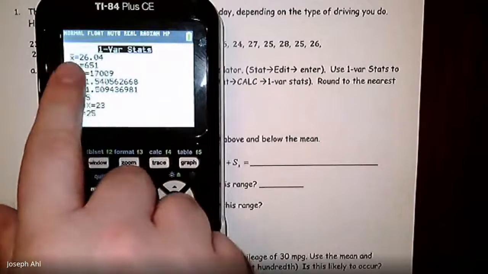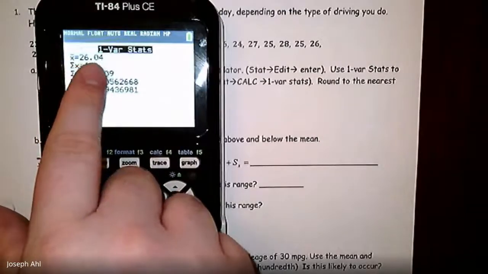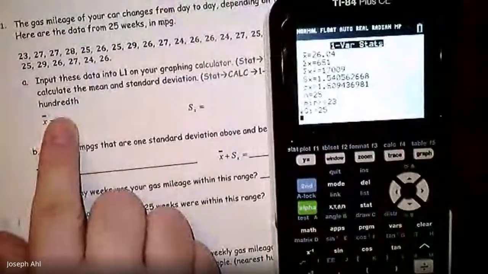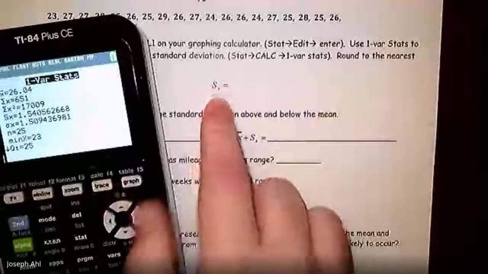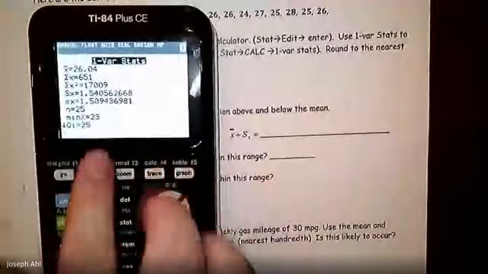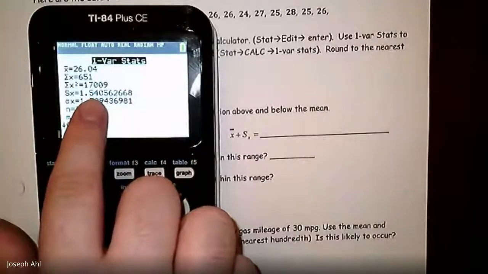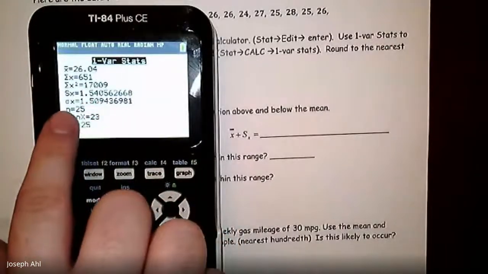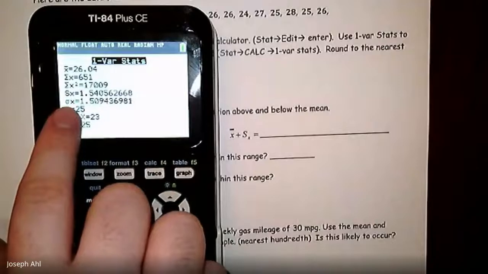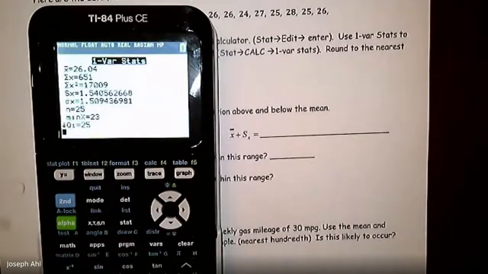Okay, and then here's the information that we need. The x-bar at the top is the mean for the set of data. So you're going to write that right here, 26.04. And then Sx right there would be the standard deviation for the set of data. The standard deviation is 1.54 to the hundredths place. You'll see in other examples that we'll use the standard deviation right below it of 1.51.